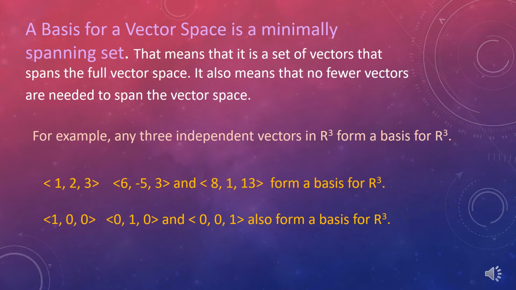So here (1, 2, 3), (6, -5, 3), and (8, 1, 13) are independent vectors and they form a basis for R3. Also, the simple standard vectors (1, 0, 0), (0, 1, 0), and (0, 0, 1) also form a basis for R3.